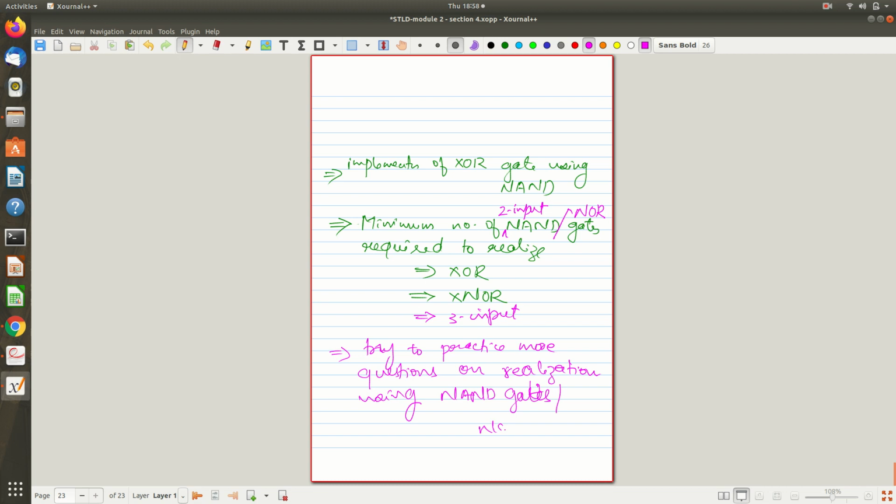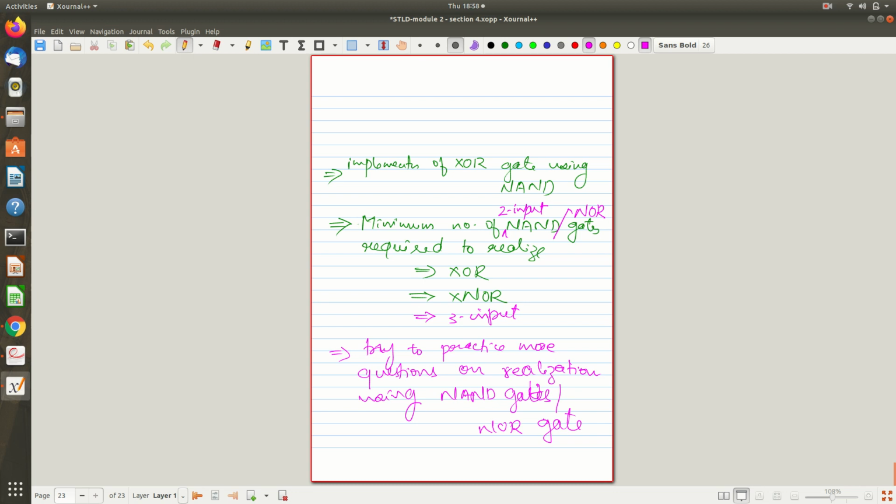Now you may be wondering how to implement any function using NOR gate. The idea is, for NAND gate we used the SOP, sum of products expression, the minimum SOP. From that you now understood how that straightforward realization can be done. Similarly here we can depend on the POS expression for the implementation of any expression using NOR gate.